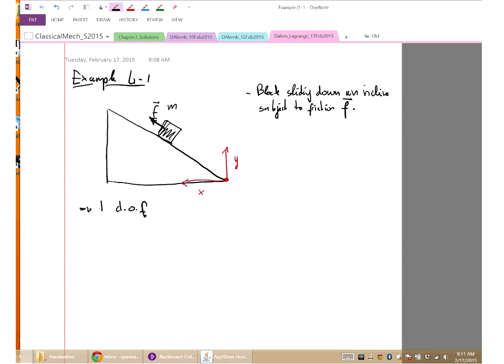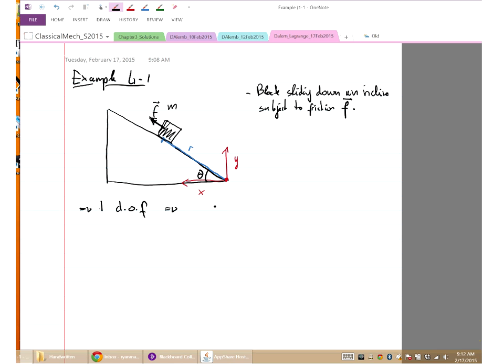And so you have only 1 degree of freedom. All right, what am I going to use as my degree of freedom? Let's say we have an angle theta here, which is a constant. Well, to me, a natural thing to use as degree of freedom is this distance, which I'm going to call r. It's the distance from the block to the origin.